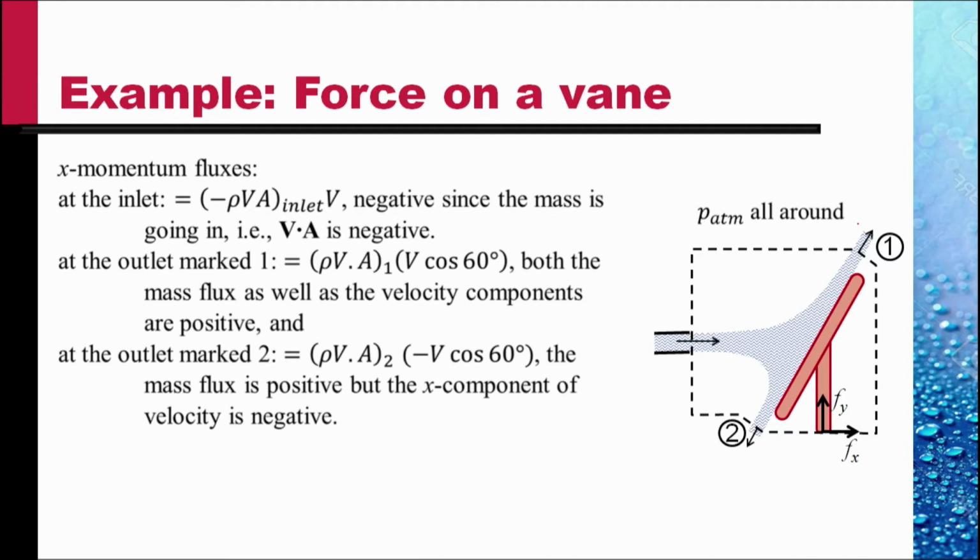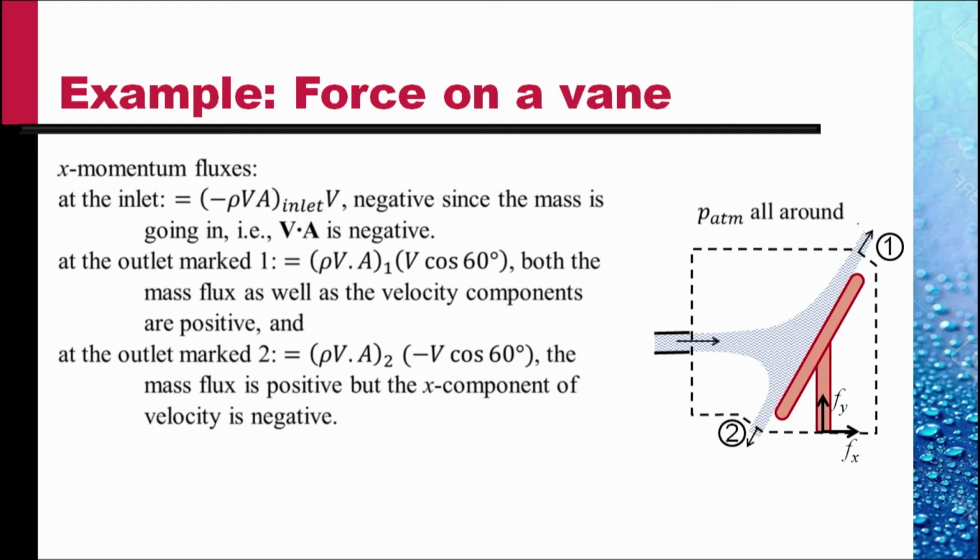X momentum flux at the inlet is minus rho VA at the inlet, minus sign because it is an influx of mass into V, the velocity there. At the outlet marked 1, rho VA at 1, positive since it's an efflux of mass, into V cosine 60 degrees.